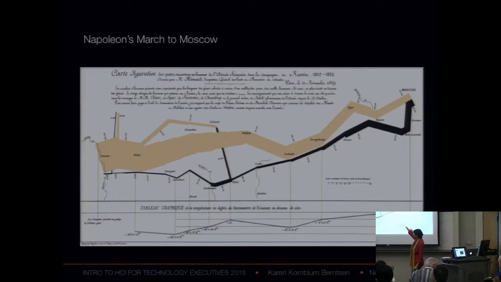The tan-colored army is the whole army on the way to Moscow. And you can see the reduction of troops. Those are casualties, right? How much smaller the army is when it gets to Moscow. The black line is the return. Very profound, very amazing graphic. Again, combining many of these organizing principles that Richard Saul Wurman talks about with information architecture.